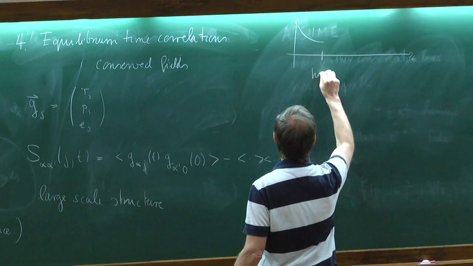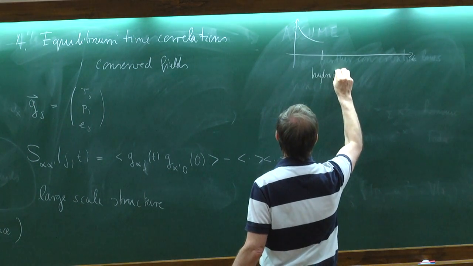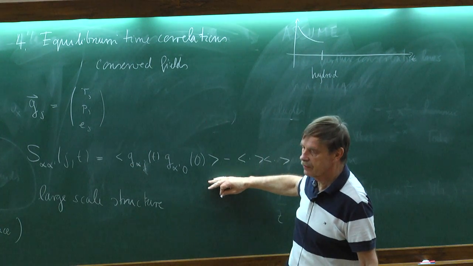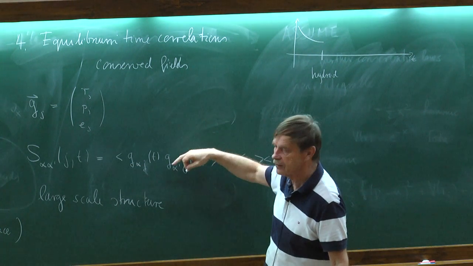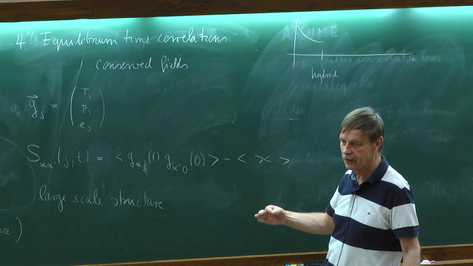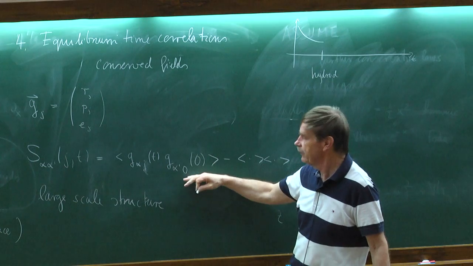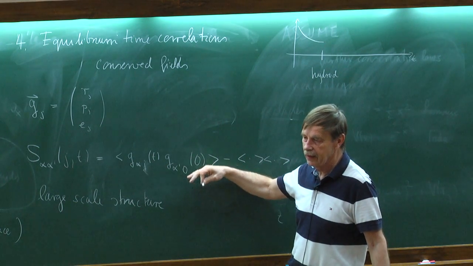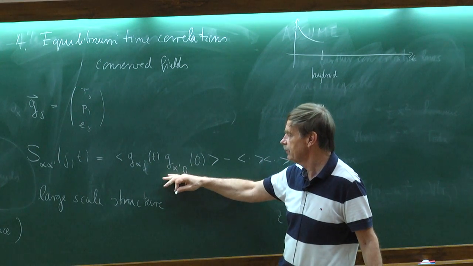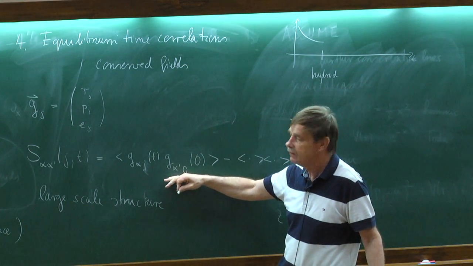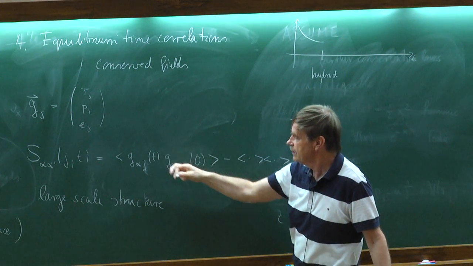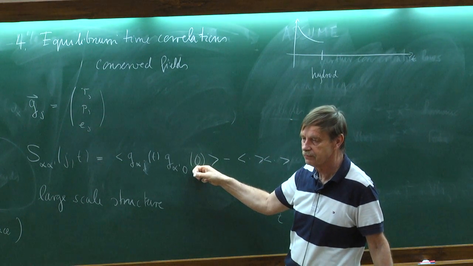And at that moment, things will propagate according to this, because I have a small perturbation sitting over here. Now here I simply put it in to have a mathematical definition at time t equals 0, but physically maybe I have to wait a little time until I actually see this particular linear combination of the conserved fields at that particular time. But this time, in this formulation, is now the time 0.